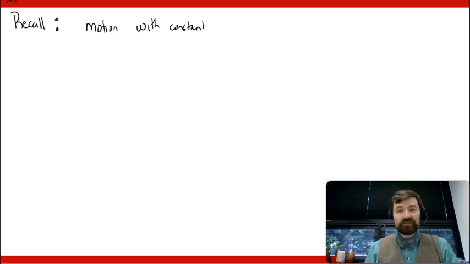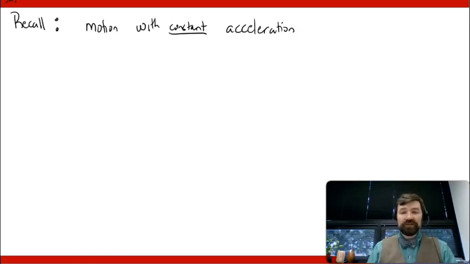So we begin, as we so often do, by reviewing a couple of concepts from previous lectures. What we specifically want to recall here is motion with constant acceleration, and refresh ourselves on the equations for position and velocity versus time. Our position versus time equation would look like this.